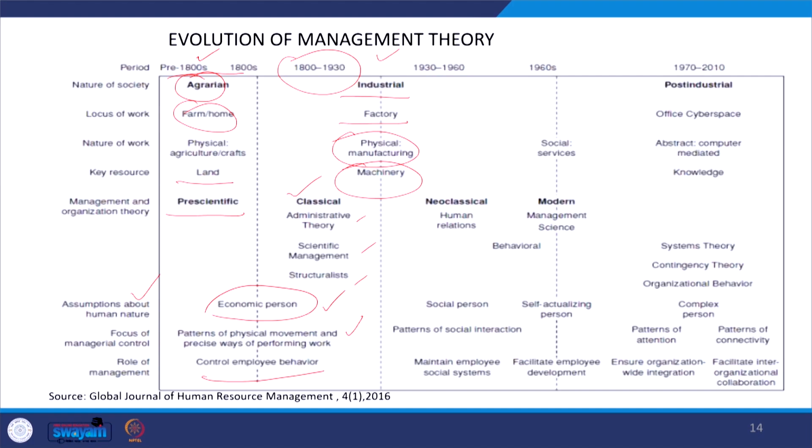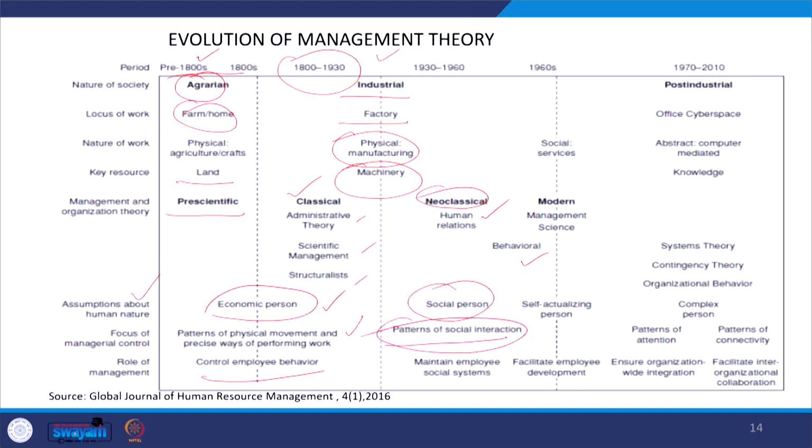Further, moving from 1930s to 60s, the neoclassical movement started, with a focus on human relations and the behavioral approach. The assumption about human nature was that a human being is a social being who cannot work in isolation, and money is not the prime concern of an employee. There can be a concern for earning money, but human relations in the workplace also dominated.